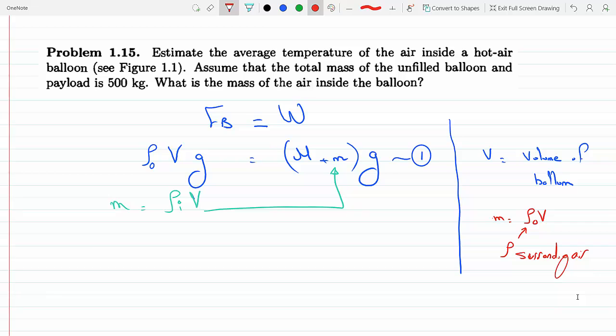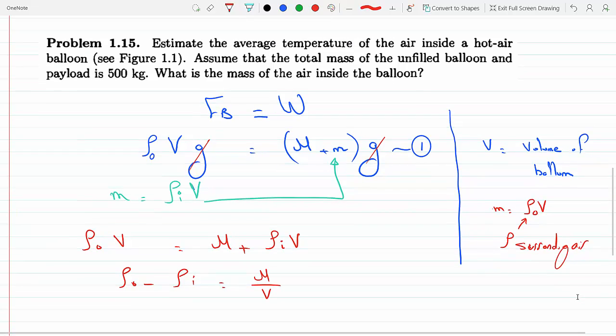Okay, so then we get rho O Vg is equal to m plus, we could cross out the g's, so this is rho I times V. Okay, and then we could divide by V, so we get rho outside minus rho inside is equal to m over V. Okay, so this is one equation.